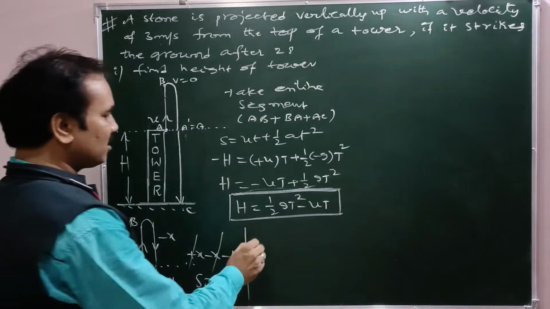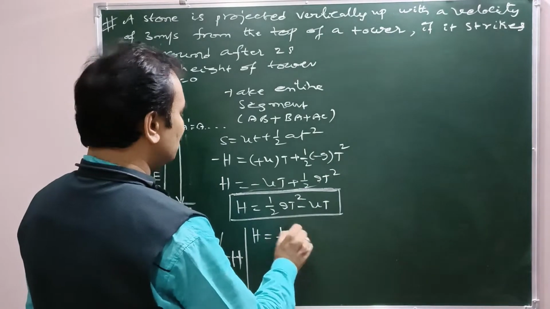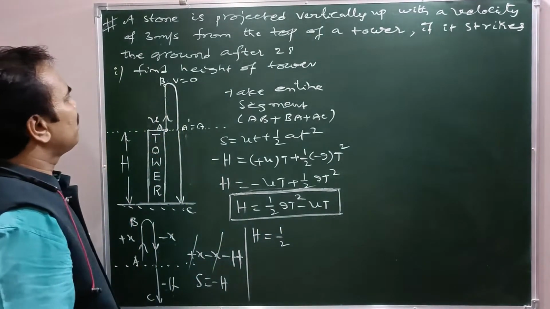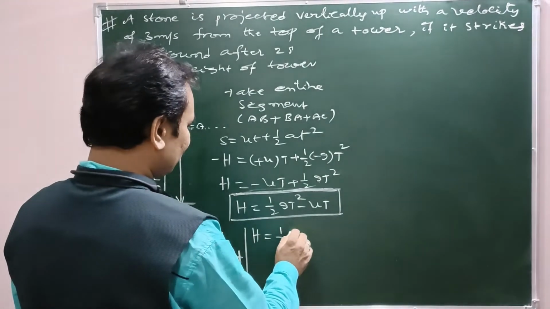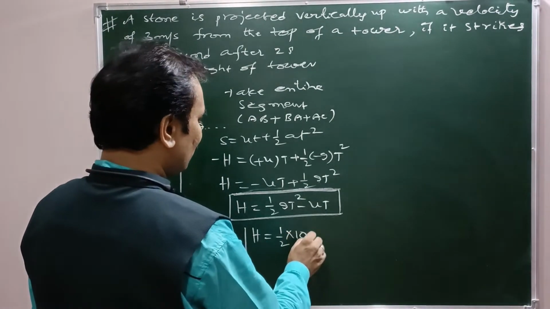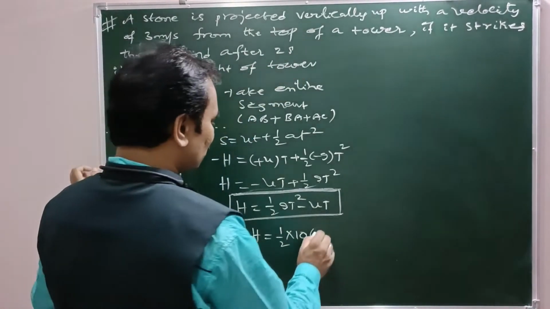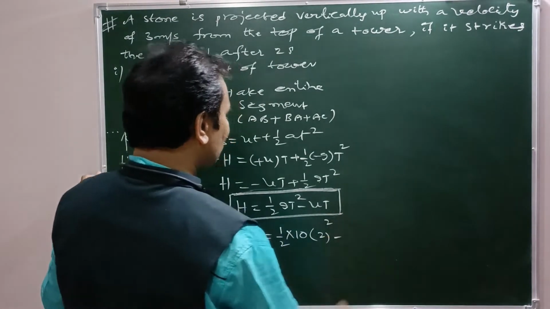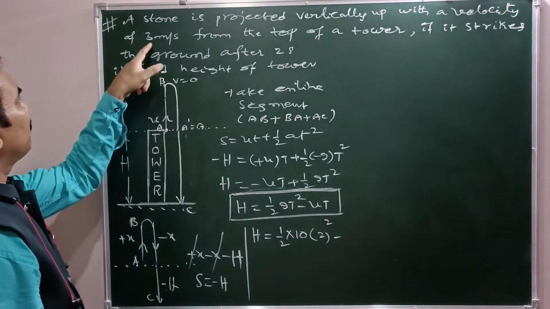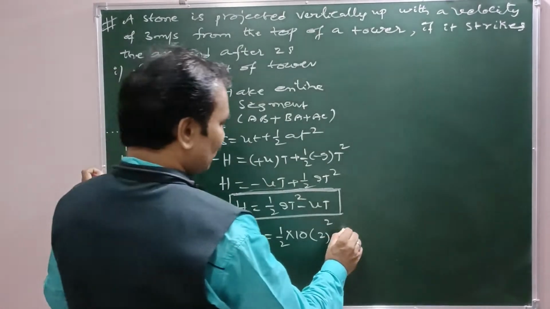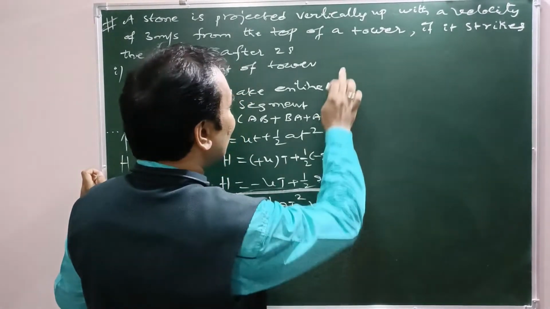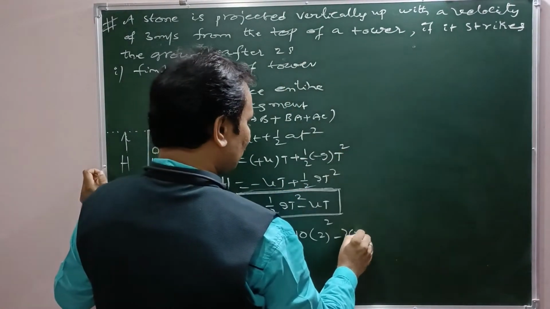Now substitute H equal to half g T squared minus U T. What is the g value here? Take 10. Half into 10 into T squared. T means 2 seconds. 2 squared minus UT. U means initial velocity, that is 3 meters per second, into T, again the time of flight, 2 seconds.